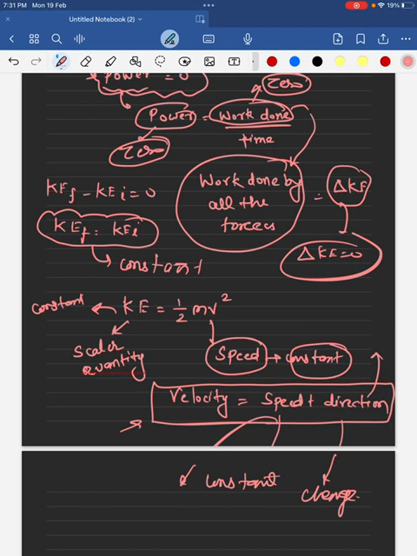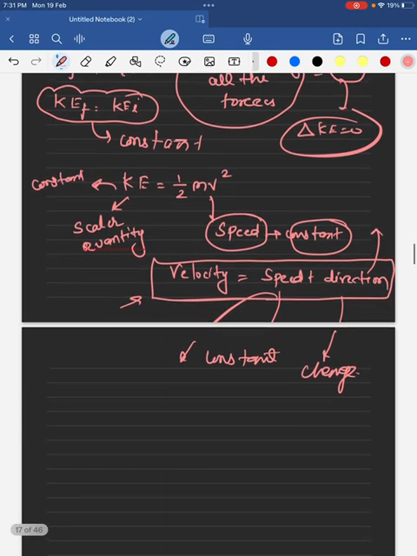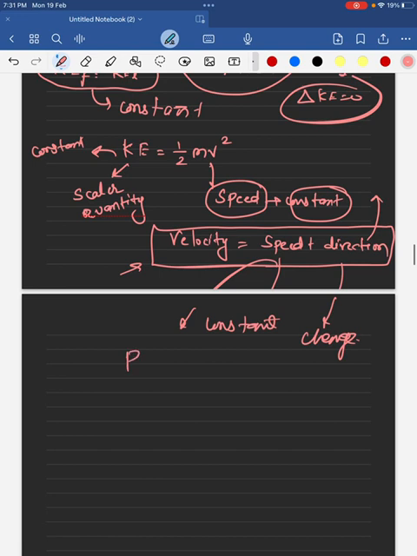Yeah, it's completely understandable. Now we see that p vector is equal to mv vector. Sir, what is p vector? P vector is called momentum. Momentum is basically a vector quantity which is given by p vector equals mv vector.